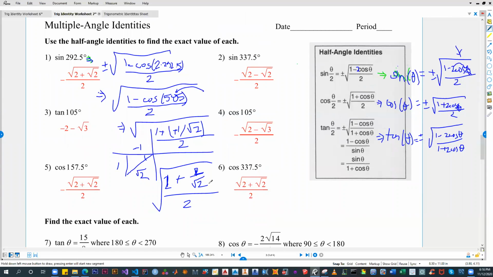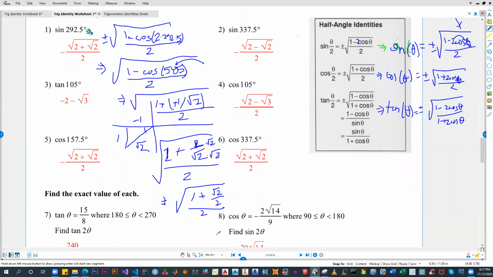And let's see. So when you times this, you don't want this radical down here usually. So if you convert this, you times this by root 2. Then root 2. So that's going to be 1 plus root 2 over 2. And this is this guy right here.